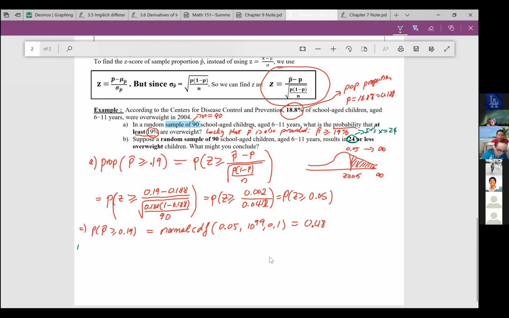So for part B, n equal to 90 and x is equal to 24. Therefore, p hat will be x over n, which is 24 divided by 90. So we get 0.2667, right?